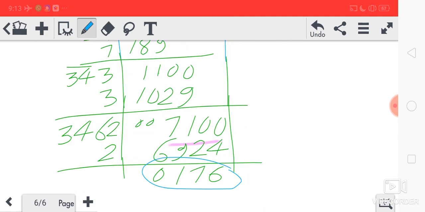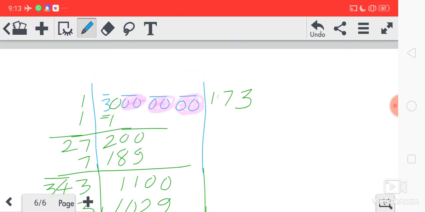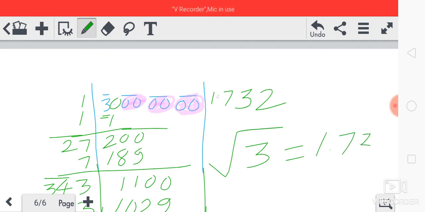Okay, the last digits we have taken here, this 2 and 2 we have taken. So this one also we need to write here, 1.732. So the root 3 value, how much have we got? 1.732. Okay, now we have to round this off up to 2 decimal places. This is your decimal, 1.73.